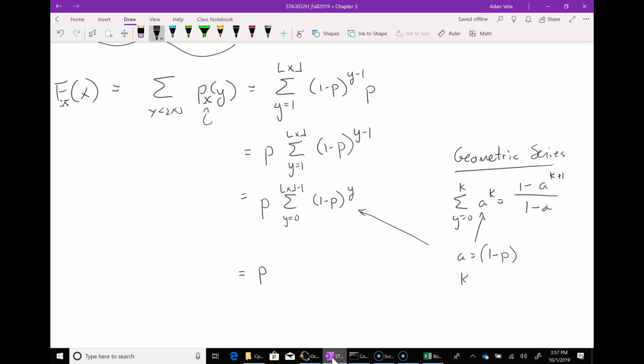And our K is the round down of x, right? X rounded down minus 1. So this guy and that guy are the same. Okay. So we can apply this equation right here, and hopefully I did it right.